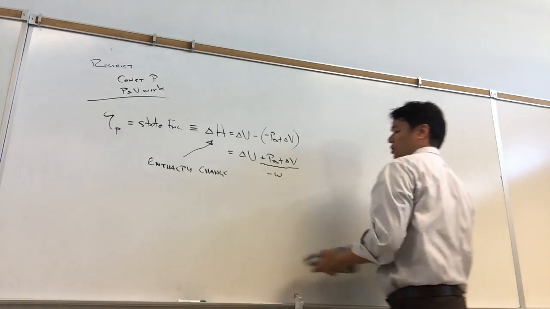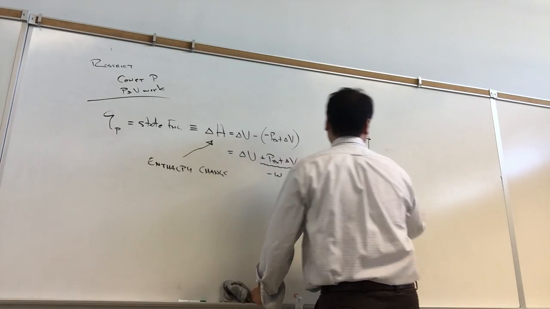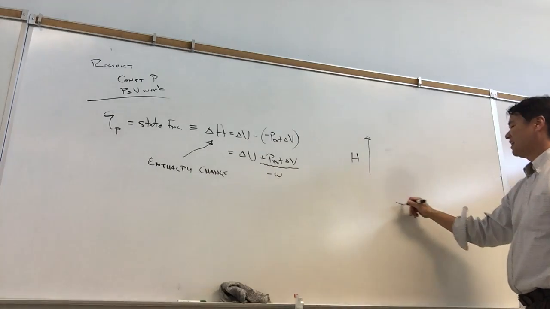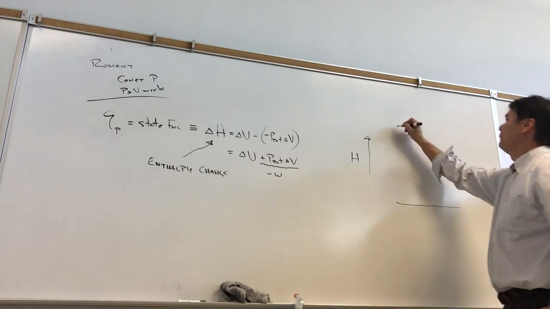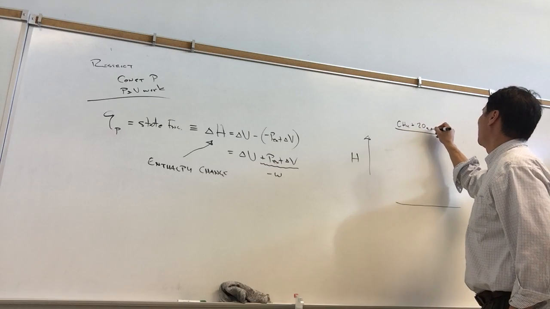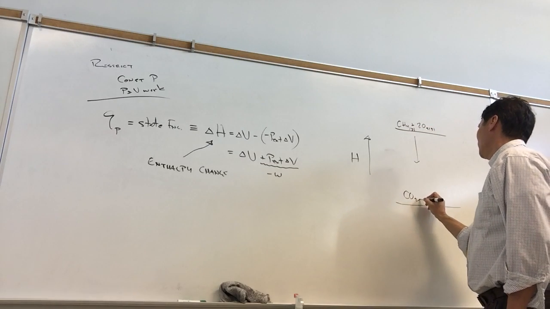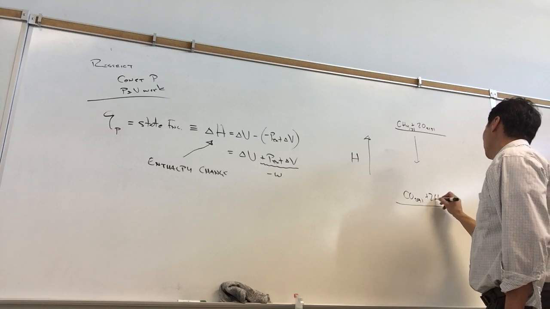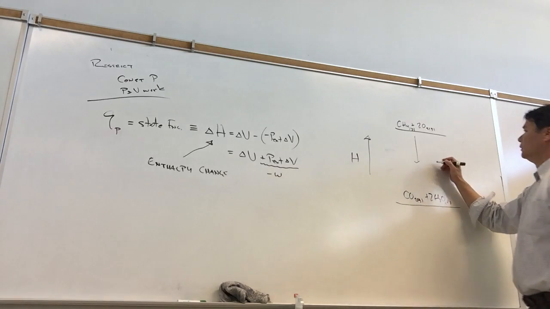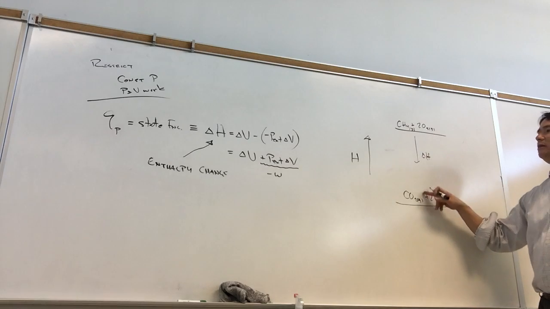So what is H itself? If we look at H, what exactly is H? If I'm looking at this, I've got methane plus 2O2 gas going to CO2 gas plus 2H2O liquids. And then I have this delta H here. Well, delta H is the state function.